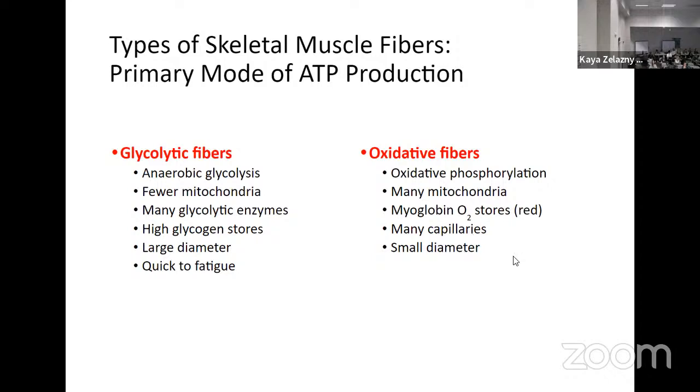It doesn't have that far to go, which again means that we can get oxygen to the mitochondria so we can do oxidative phosphorylation. They are more resistant to fatigue because this is a longer ongoing process that gives you energy for a longer time, and it's a more efficient way to break down glucose. You get more ATP per molecule of glucose if you're doing oxidative phosphorylation.